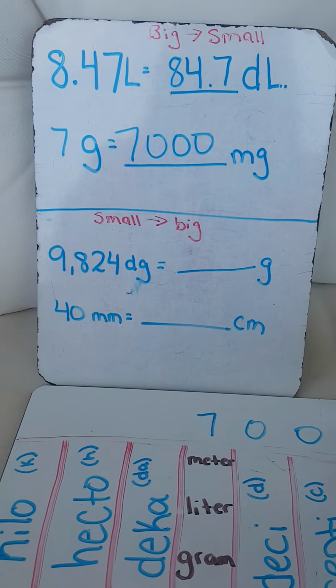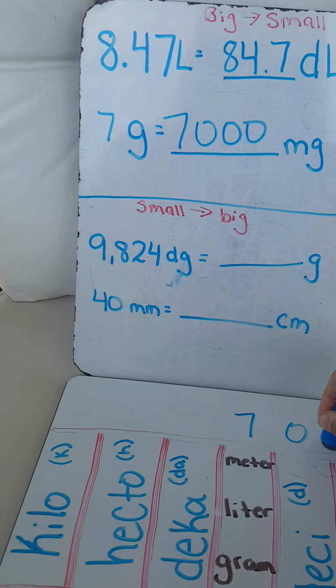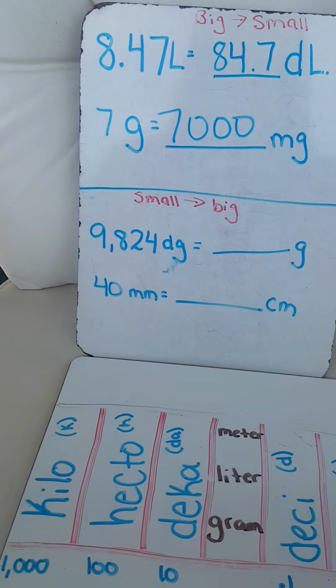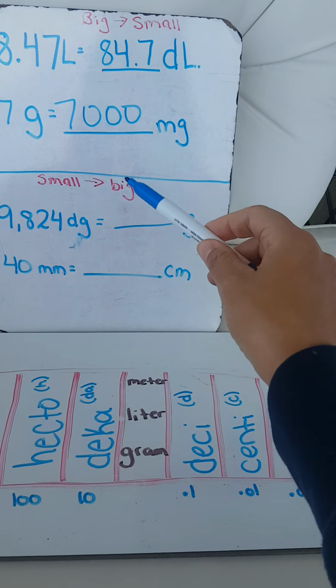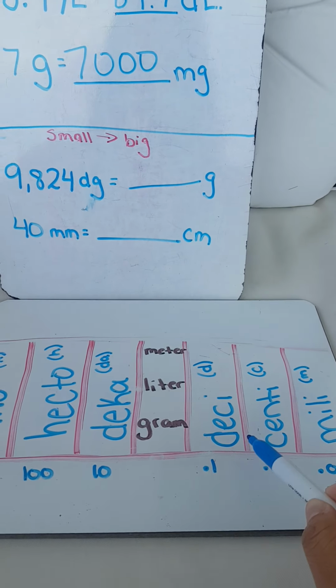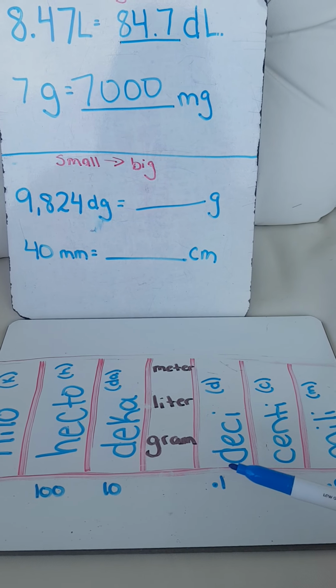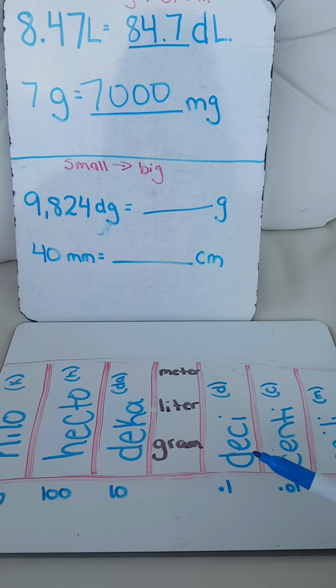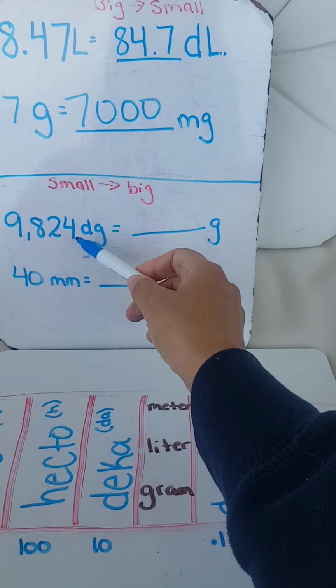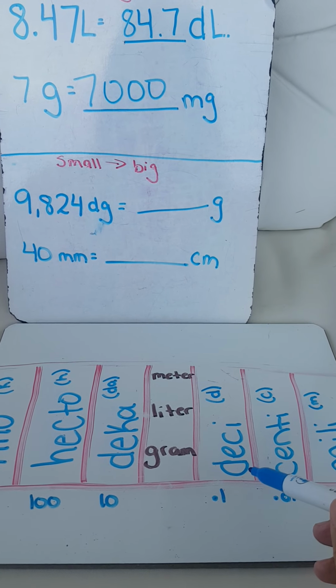All right, let's look at this. If I want to go small to big, what does that mean? If I want to go from decigrams to grams, the opposite direction, it really isn't hard. I'm just going to do something a bit different. My last place value needs to be what I'm looking at.